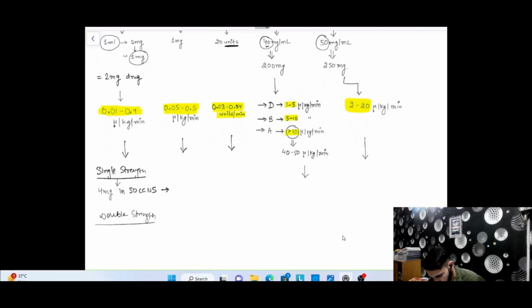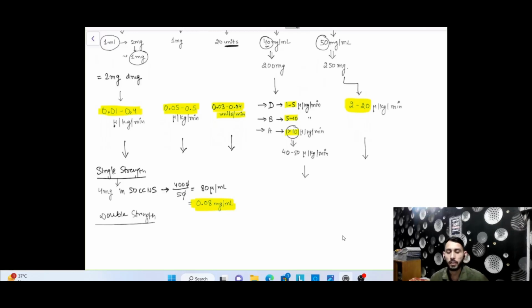So this will become 4000 micrograms divided by 50, which is 80 microgram per ml, which can also be written as 0.08 mg per ml. This is the exact concentration present in our single strength NORAD infusion.